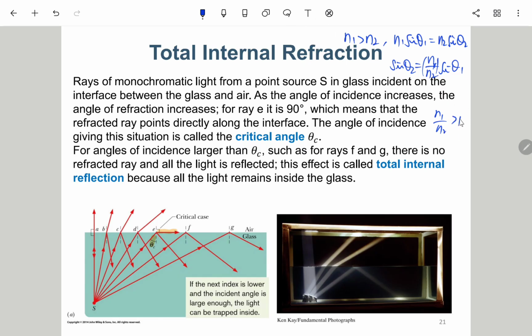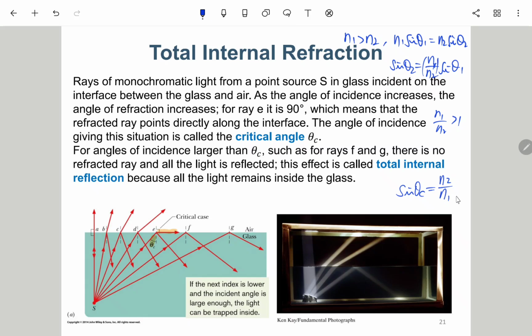So if sine of theta c equals n2 over n1, which is smaller than 1, then theta c will have a solution. Substituting into here, the right hand side turns out to be 1, which means that theta 2 will be 90 degrees.